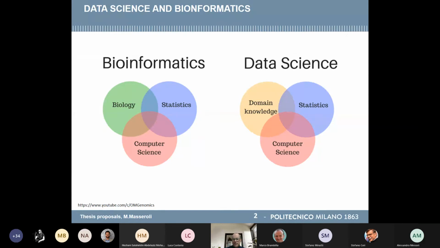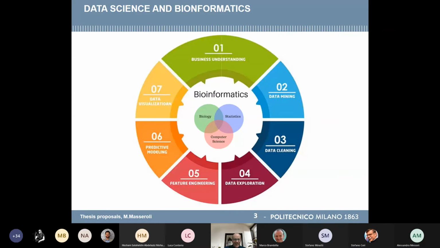Bioinformatics actually is much more than data science, in that it is not focused only on the data analysis, but also regards data management, data integration, data retrieval, and sharing, and many other aspects, which anyway I would not talk about today. But the aspects related to the evaluation of the biomolecular data are very close to the approaches that are typically used in data science.